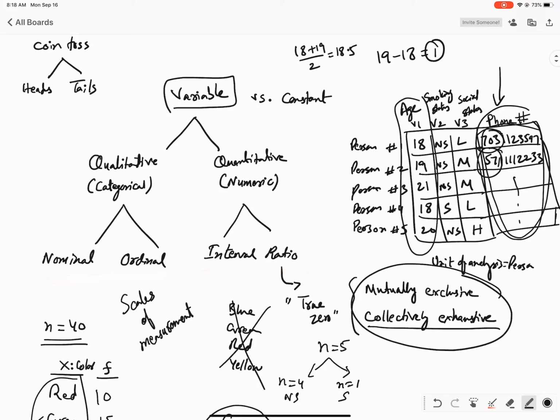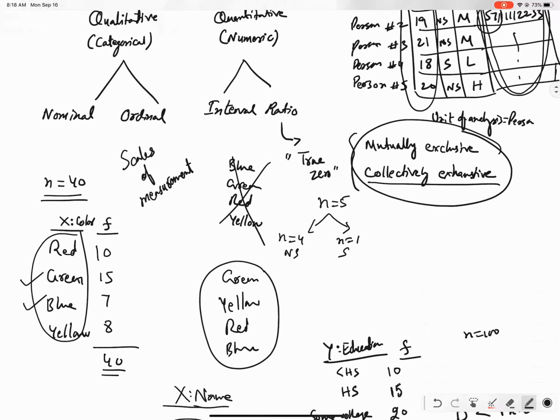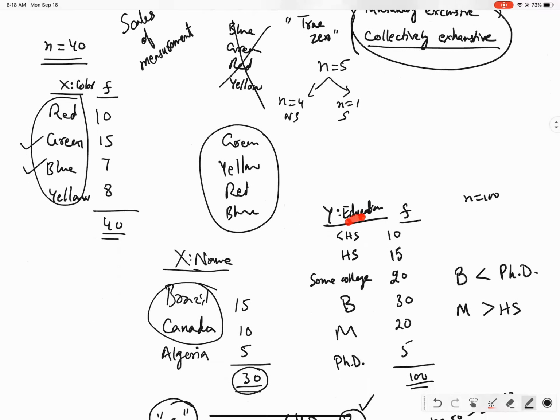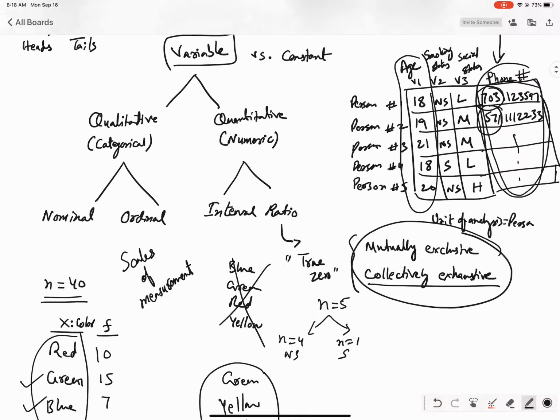Nominal and ordinal variables both split a sample into subgroups. The difference is that for nominal variables, you cannot compare two values of that variable in terms of magnitude with each other. You cannot say that one is greater than the other, one is larger than the other. For an ordinal variable, you can compare two values of that variable with each other. You can say that one is larger than the other or smaller than the other.